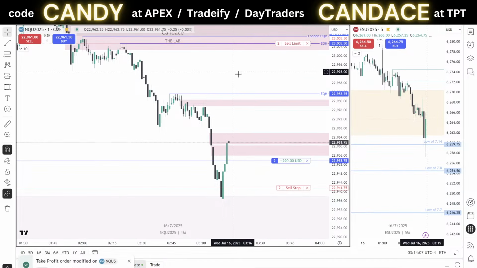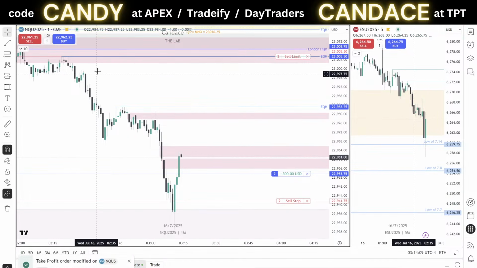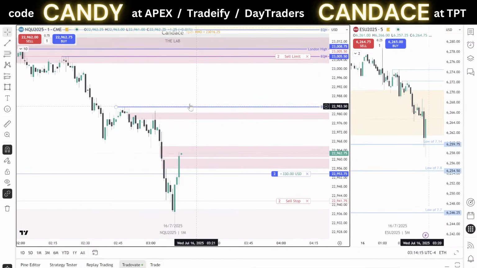Can you see it right now? So I put it at this equal high. And it's possible for price to clear this equal high and then go back. So just letting you know all the possible things.